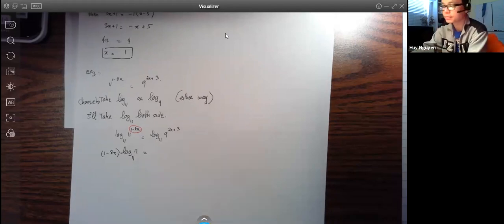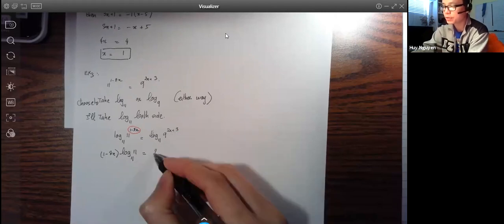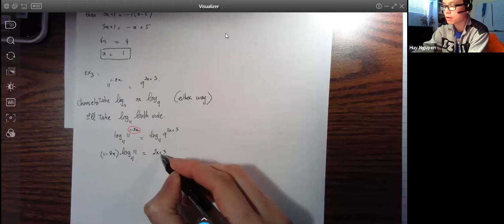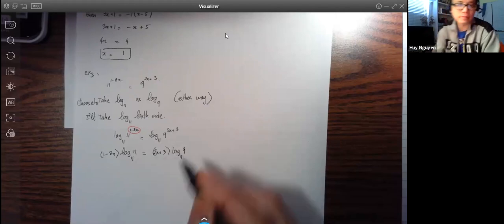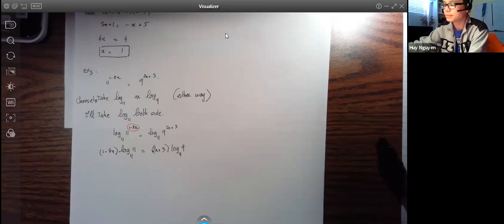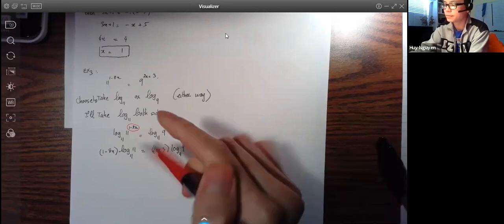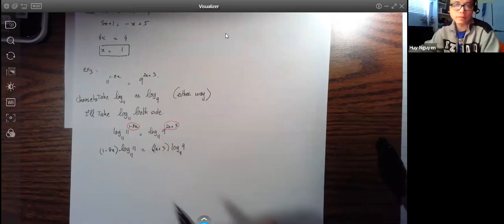Same thing here, I bring 2x plus 3 to the front times log base 11 of 9. Everyone's following me here? Bring the exponent to the front.